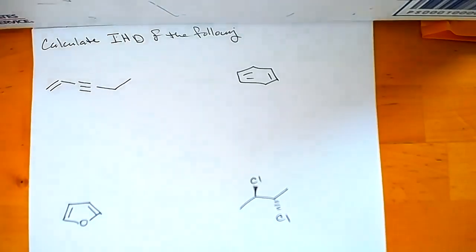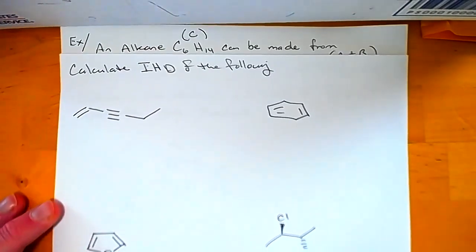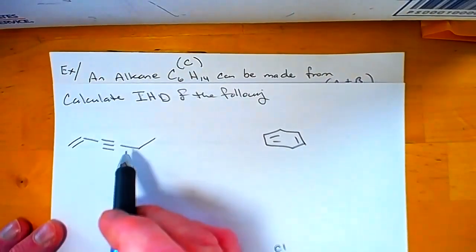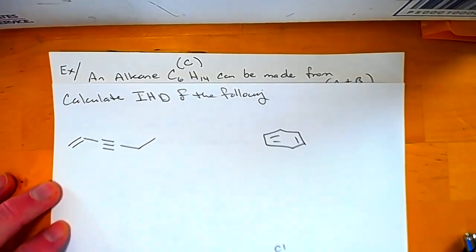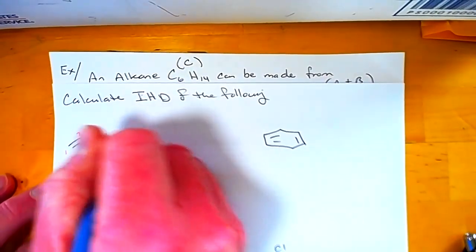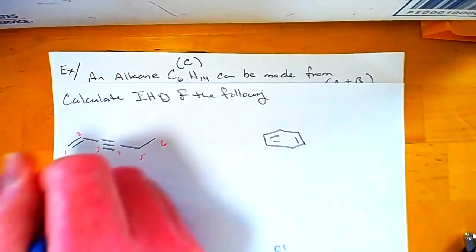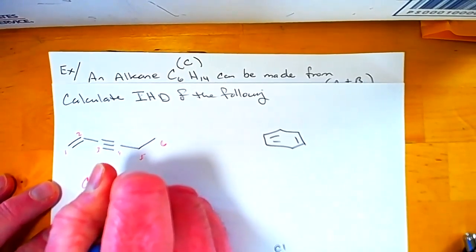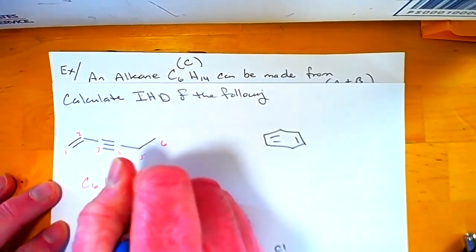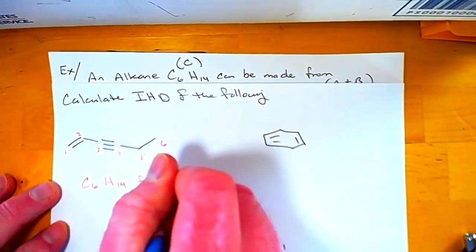So we'll start with the one on the left, and you can try this too. If you want to calculate the IHD of this system, the fully saturated system, you have 6 carbons, so that's C6, H2 times 6 plus 2 is 14, so that's your fully saturated system.